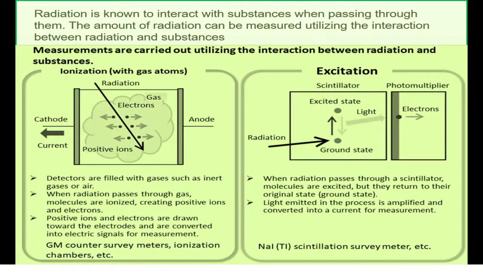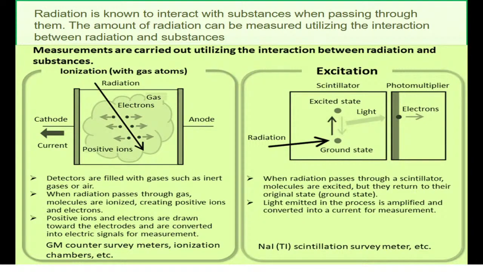Detectors are filled with gases such as inert gases or air. And you can see this gas fills the space between two electrodes, cathode and anode. When radiation passes through gas, molecules are ionized, creating positive ions and electrons.